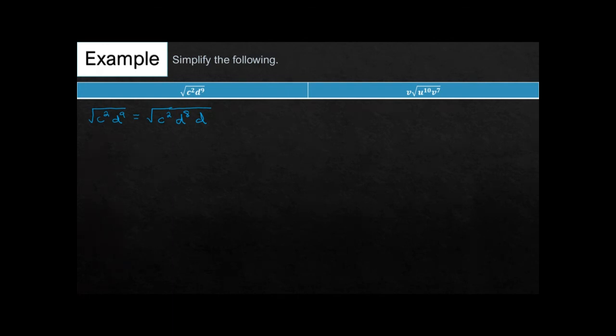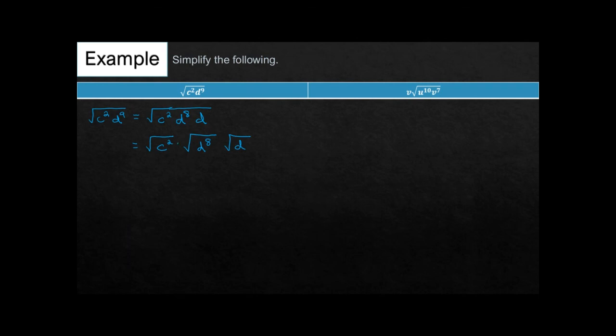So now anything that has an even exponent that can be divided by 2, which allows me to take the square root, I'm going to separate those out into separate square root symbols. And then whatever's left over just goes into a third square root. So I have the square root of c squared times the square root of d to the 8th times the square root of d.